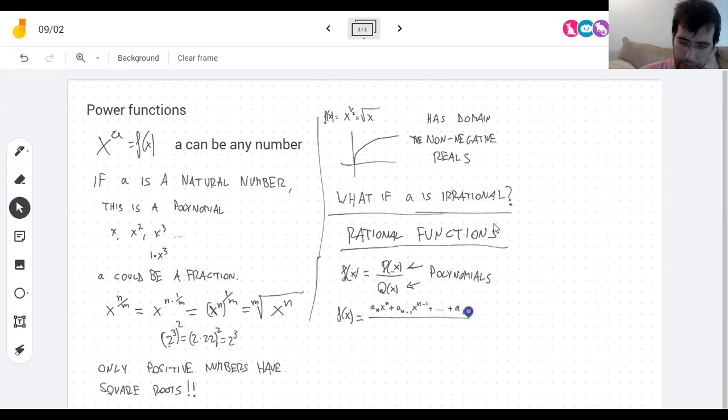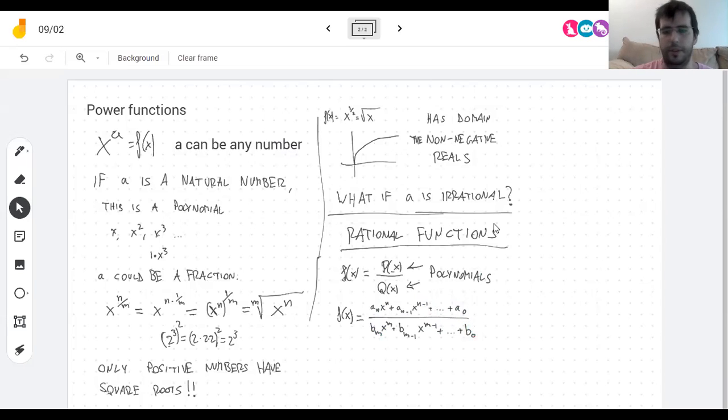I don't know how many things are in this sum. And then the denominator is another polynomial. So I better use different letters. And I don't know that the degree is the same or if it's different. So I'm going to call the degree m. And then this is what a rational function looks like.